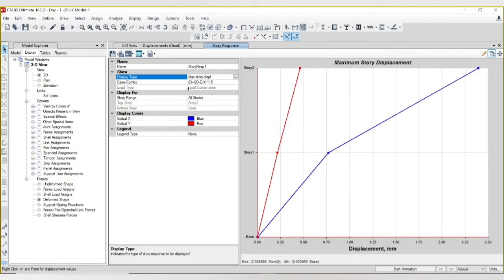Here you can see dead load, super dead load plus earthquake in x direction. You can see a displacement of 2.25. Okay, like that we can get the analysis report.